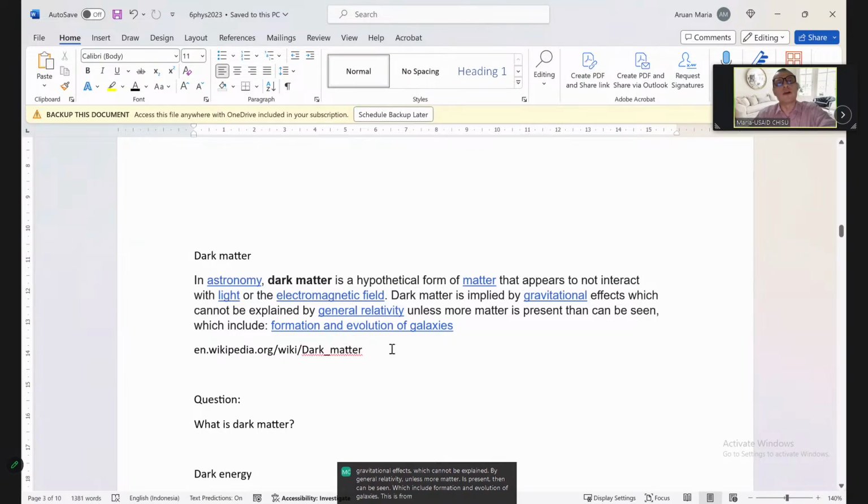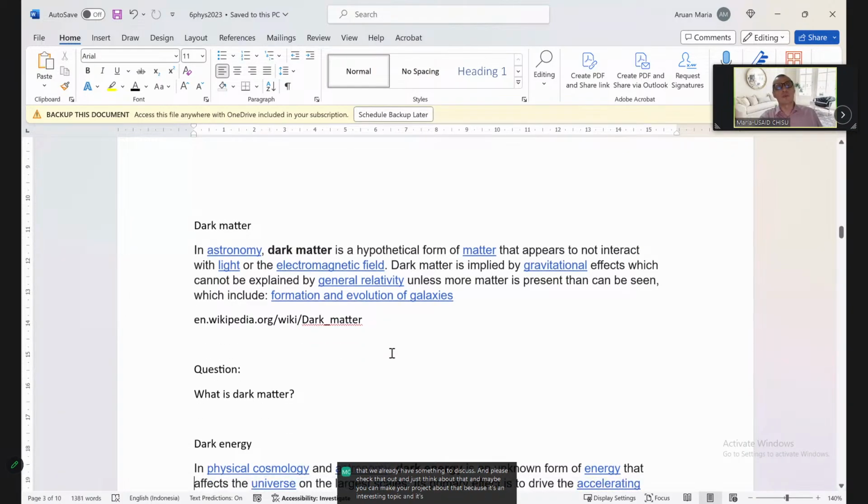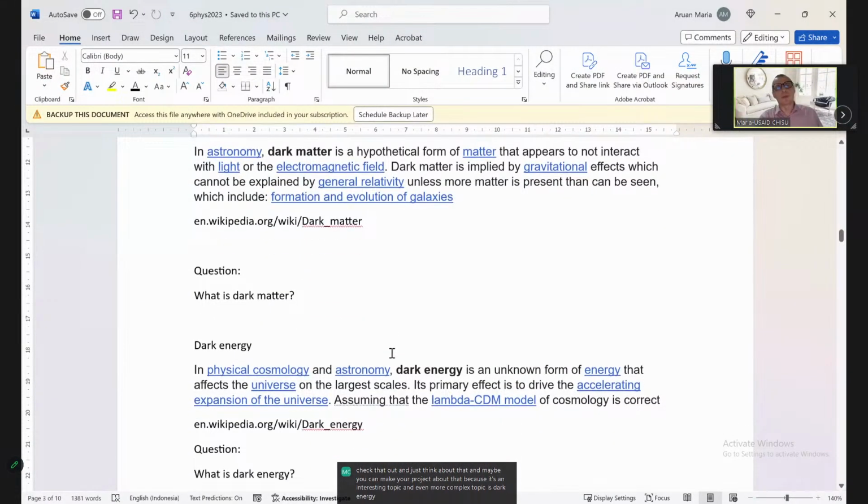This is from Wikipedia. So please go ahead and check out those links if you can, because I just give a little bit, from Wikipedia or Google usually, so that we already have something to discuss. Please check that out and think about it, and maybe you can make your project about that, because it's an interesting topic.